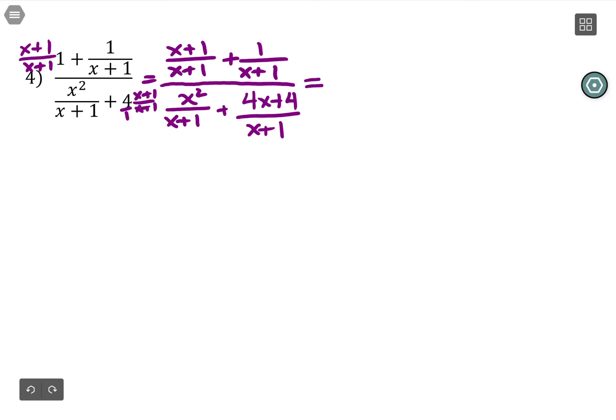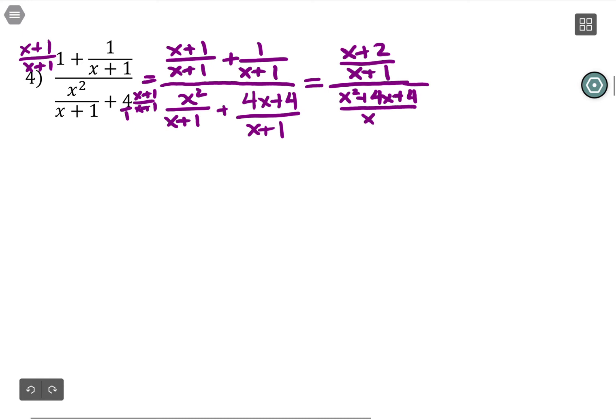Okay, so now we go ahead and we do the addition in the top. So we'll have x plus 1 plus 1, which is x plus 2, divided by x plus 1, over x squared plus 4x plus 4, divided by x plus 1.